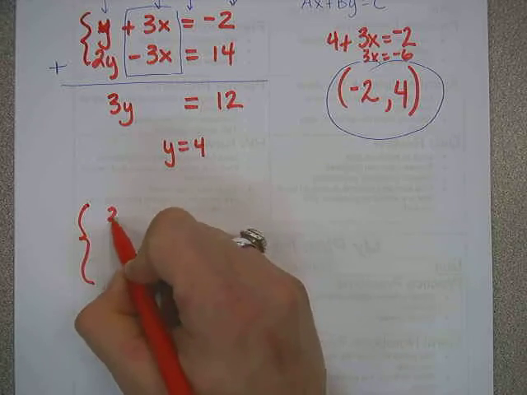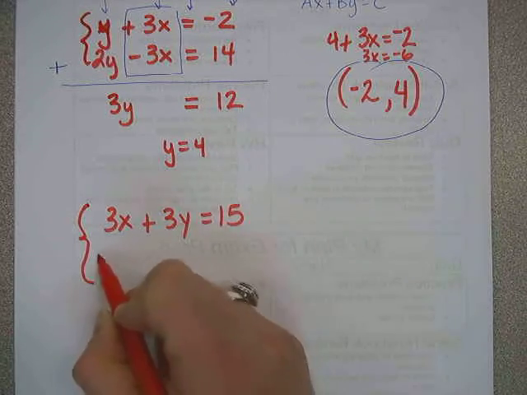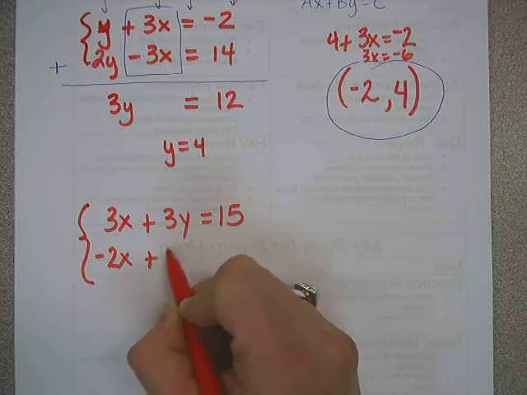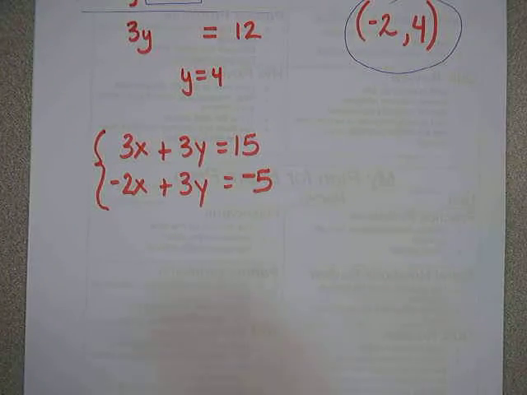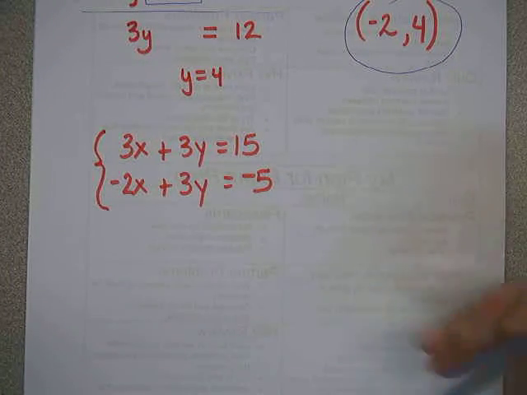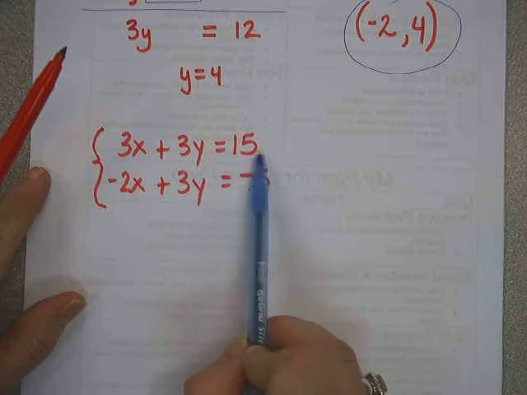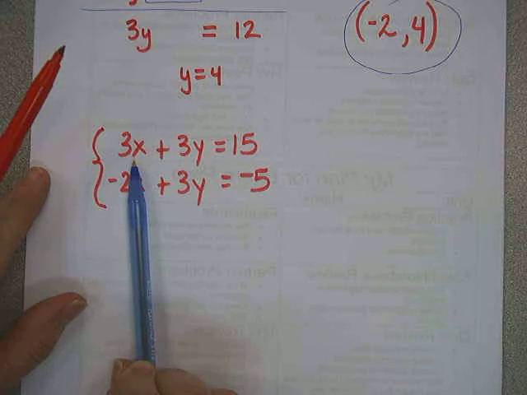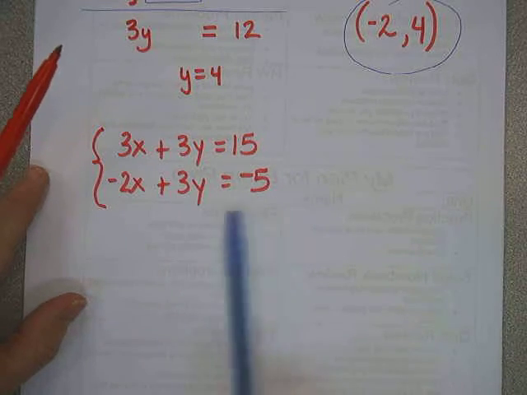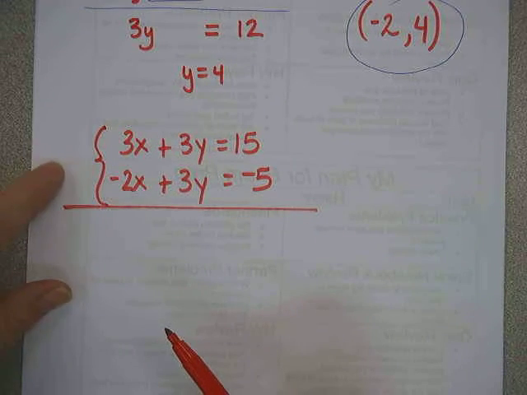Okay? Now, if they aren't already opposite, but they are close to being opposite, instead of using addition, you can use subtraction. So let's write down this example. Notice again that they are in standard form, ax plus by equals c form, and we write it so that the x variables line up, the y's, and the constants.